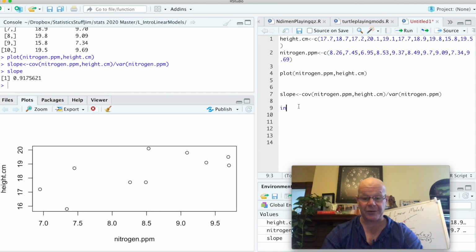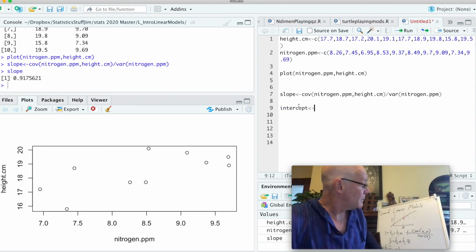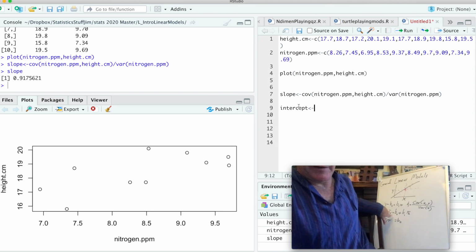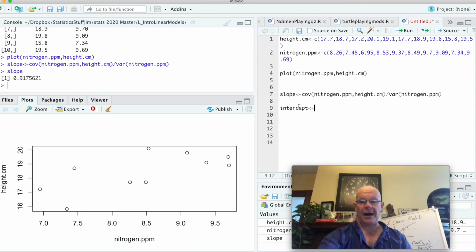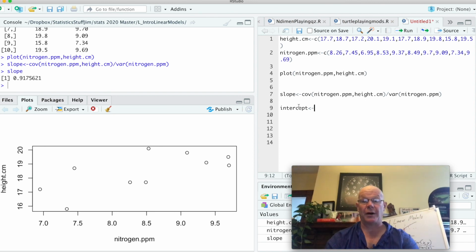So again, for the intercept, I'm going to go back to that little piece of math that we did on the whiteboard. I'm going to say that the intercept is the mean of my height in centimeters minus the slope times the mean of the nitrogen in parts per million.